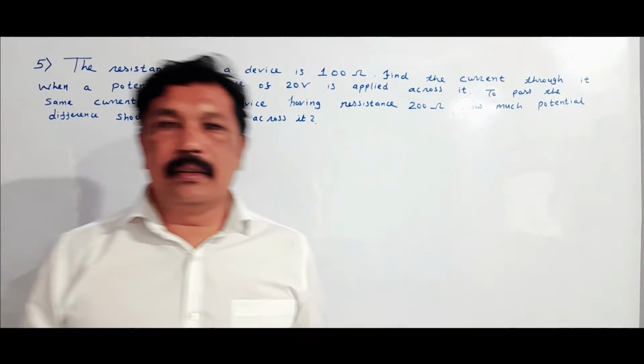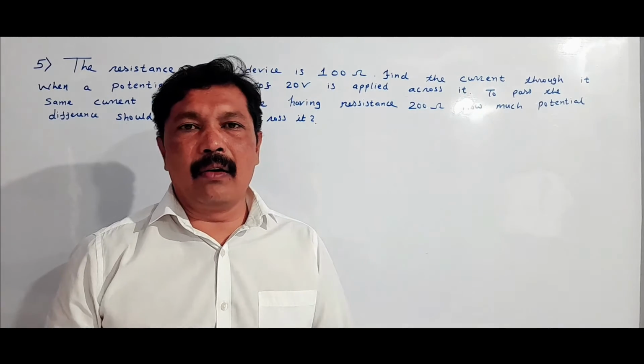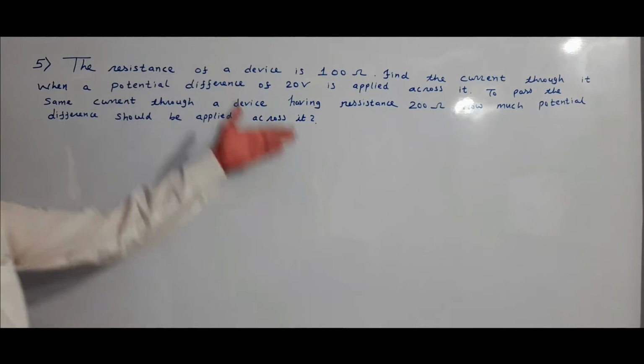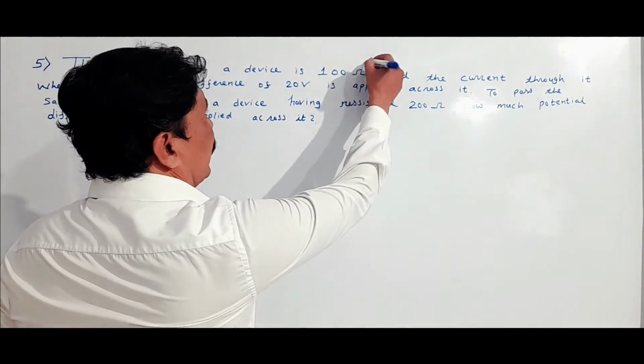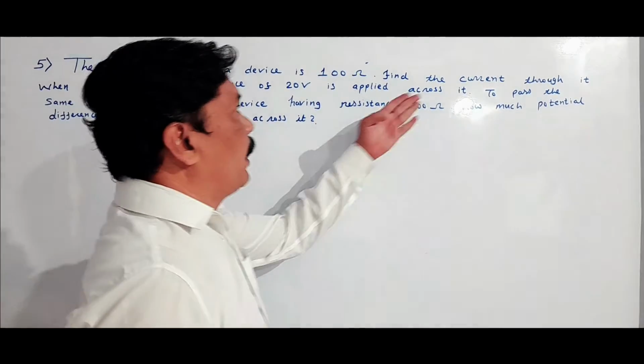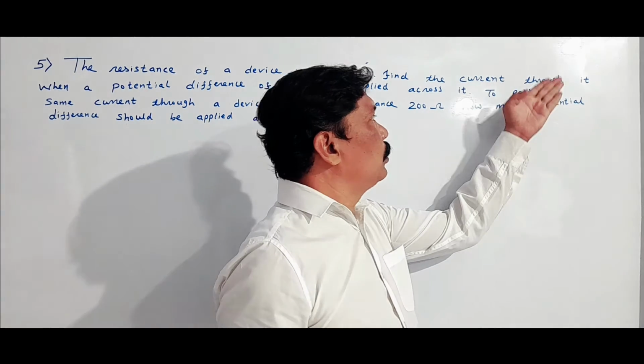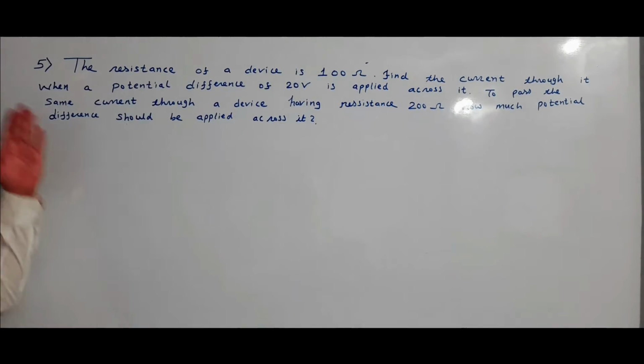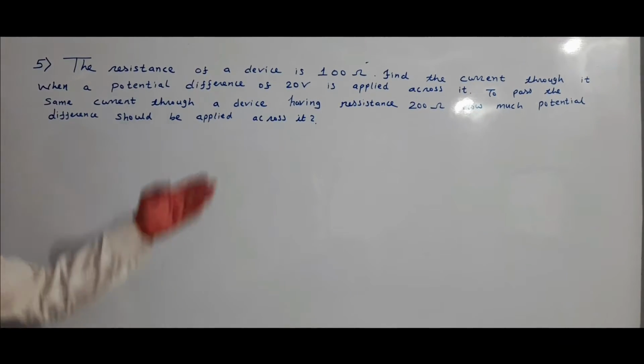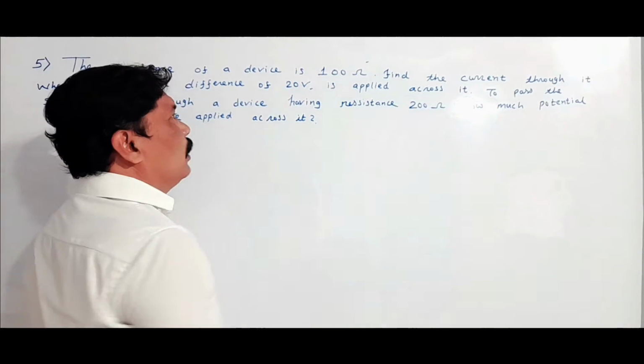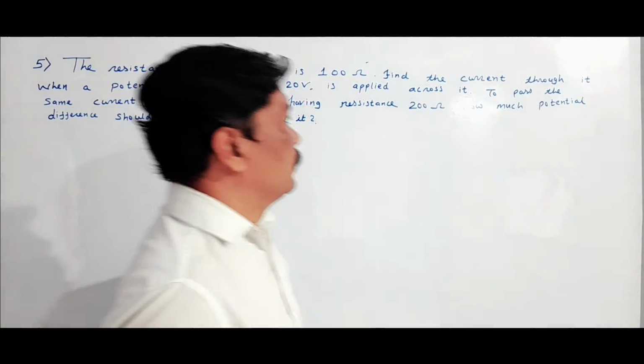My dear student, we will have brainstorming over the problem first. The resistance of a device is 100 ohm. Find the current through it when a potential difference of 20 volt is applied across it.